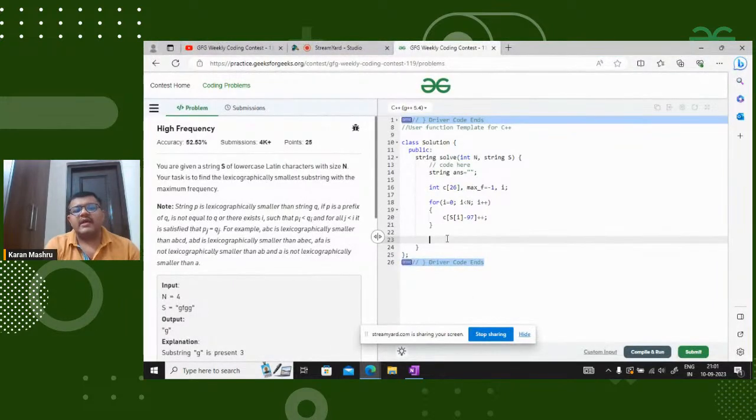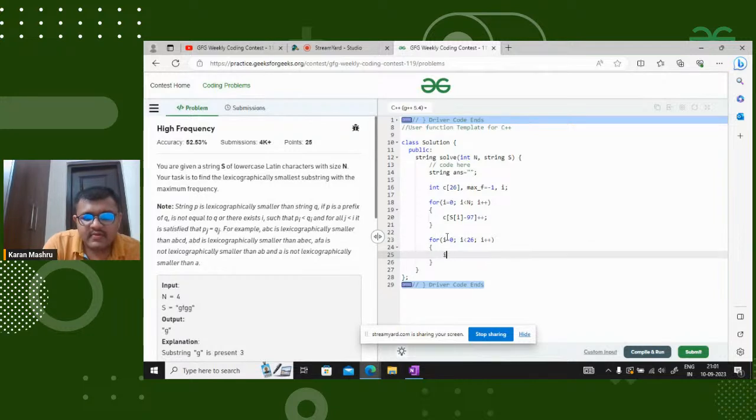So now I have calculated the frequency of all the characters. Now for i equals to 0, i is less than 26, i plus plus, if count of i is greater than 0, only then we will consider it.